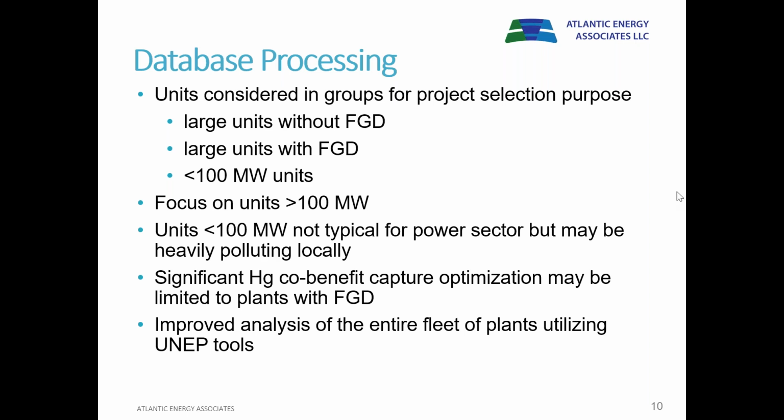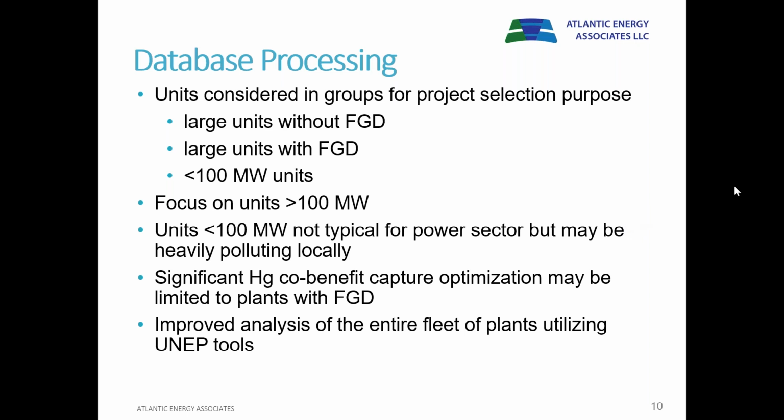Then the second subset, large units with FGD, whether seawater FGD or limestone FGD, combined together. And the third one was units smaller than 100 megawatts. Obviously, large units were units larger than 100 megawatts.